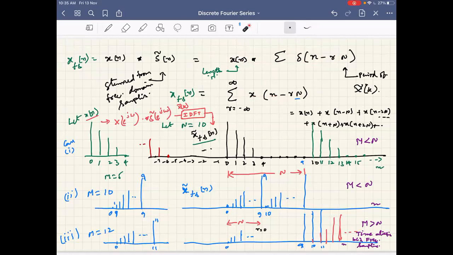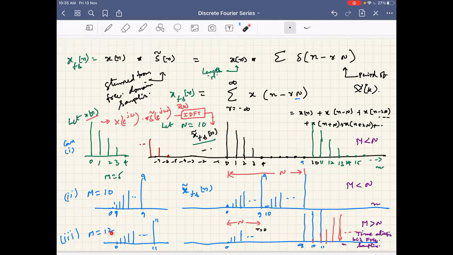The resultant time domain signal will be a periodic signal repeating at intervals of N, and the sequence length is M. So if M is equal to 4 here, there is absolutely no problem, because the 4 samples are intact here, and then it repeats at 10, because capital N is 10 here. If there are 10 samples, then also there is no problem. It repeats only from the 11th sample, when you count from 0.